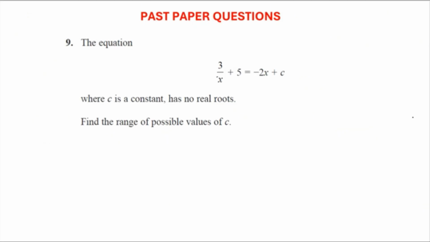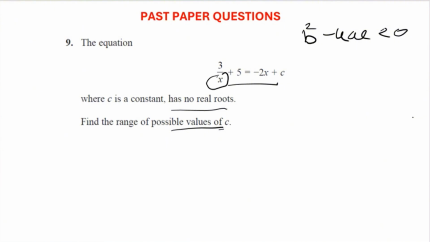Let's move to past paper questions. We have this equation where c is a constant, which has no real roots. Find the range of possible values of c. We know no real roots means b squared minus 4ac less than 0. Now to simplify this first, because we have an x in the denominator, multiply the whole equation by x.